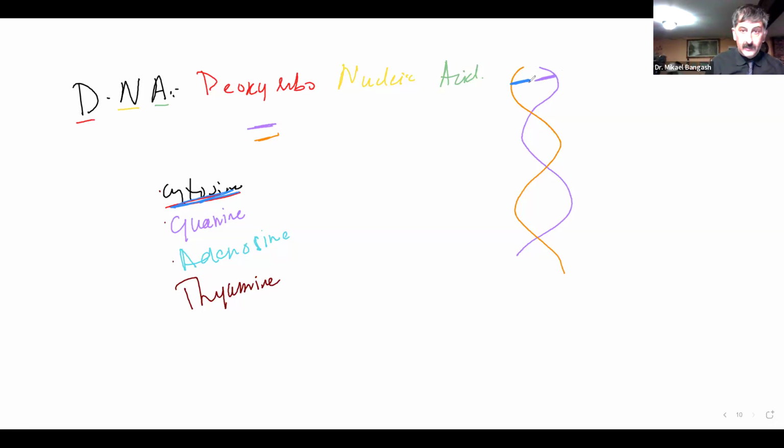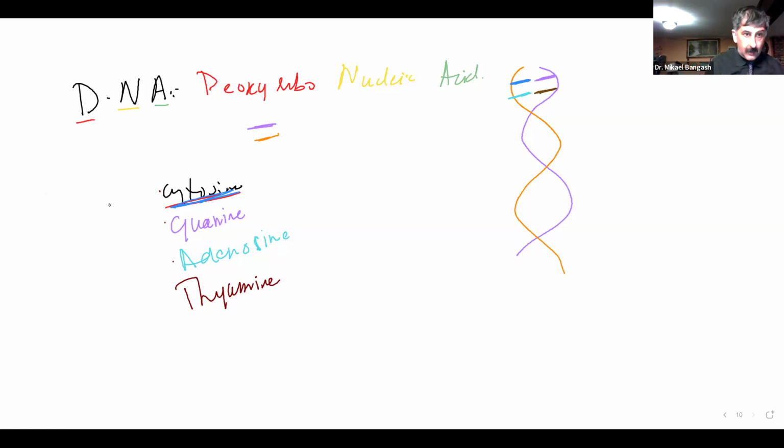We can say this cytosine on its strand may be followed by adenosine. And adenosine is only going to be able to pair with thymine. Did that make sense?